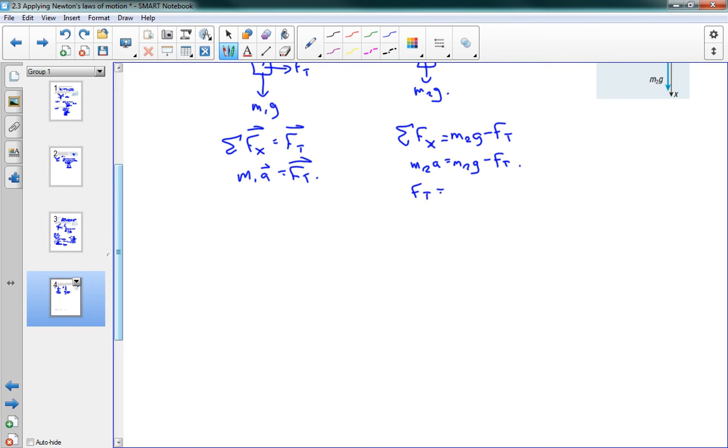Tension is equal to M2G minus M2A. So now I can take these two values for tension, combine them, and I can say that M1A is equal to M2G minus M2A. Okay, and now I have a pretty useful formula.